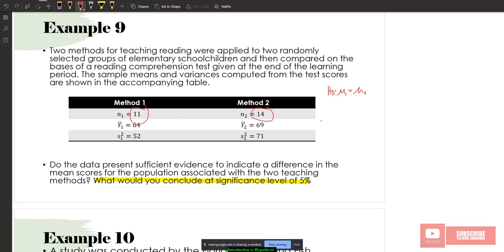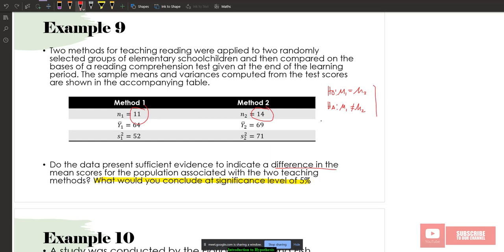Because we want to know whether the different mean score population associate the two teaching methods. So we want to know whether these two methods are equal or not equal. Right? HA, mu1 not equal to mu2.